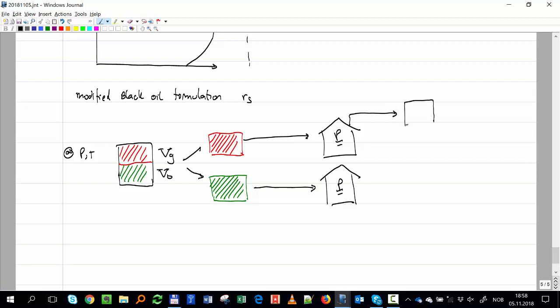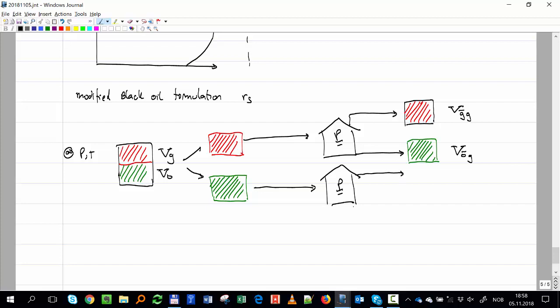And I'm going to get two things once more. I'm going to get a gas, which I'm going to call the standard condition volume of gas that comes from local gas, and I'm also going to get a liquid, the oil that comes from the gas, VOG.